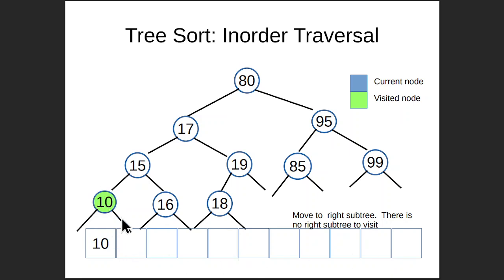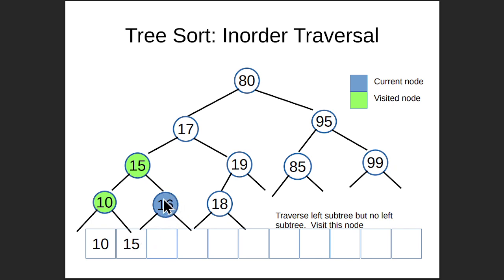Now there is no right subtree for 10. Therefore, we revert back to its parent, which is 15. Since we have already traversed the left subtree of 15, we visit 15, so that is printed. Then we traverse the right subtree of 15 and find a node here, 16. We try to traverse the left subtree of 16, which is null.